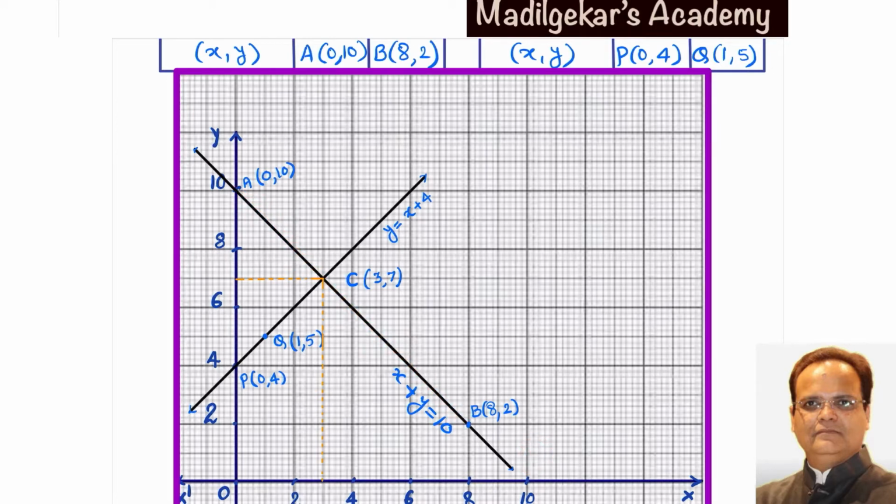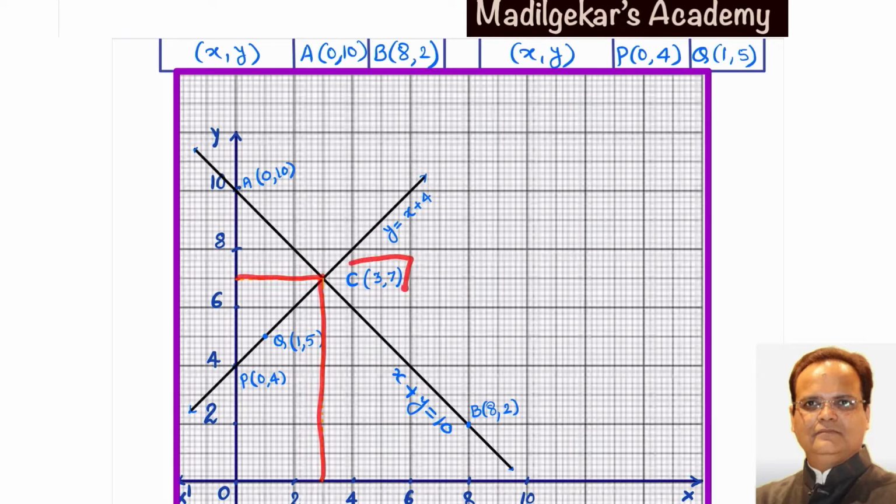From the second, the first point is (0, 4). So it lies on the y-axis, point P. Q is (1, 5). So here it is 1 and 5. So we get the second point Q here. Join PQ. This is the second line. As you can see, these two lines intersect at (3, 7).